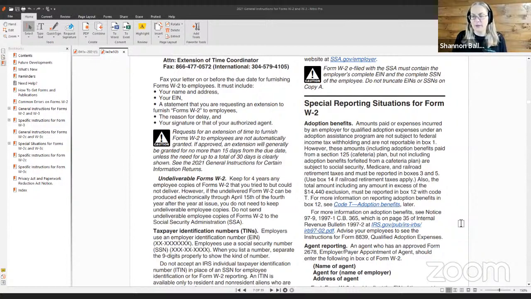Also, the total amount, including any amount in excess of the $14,440 exclusion, must be reported in box 12 with the code T. For more information on reporting adoption benefits in box 12, see code T adoption benefits later.